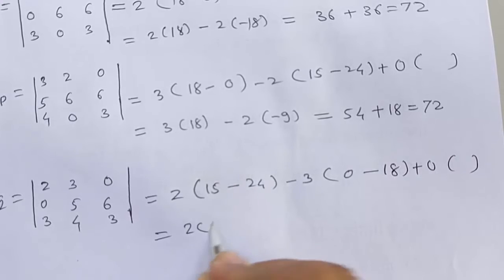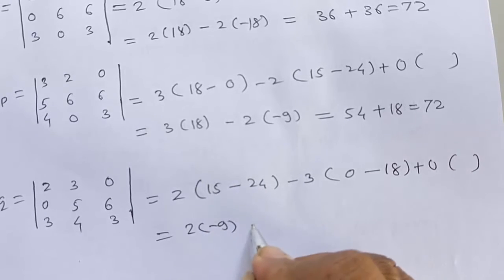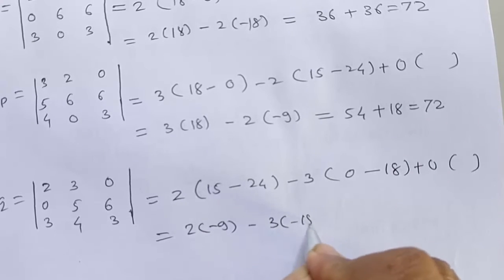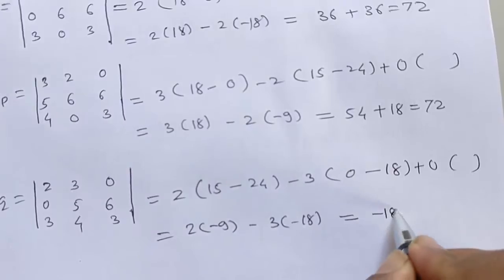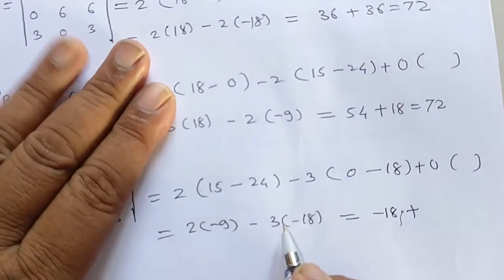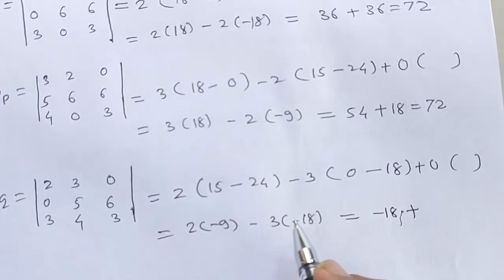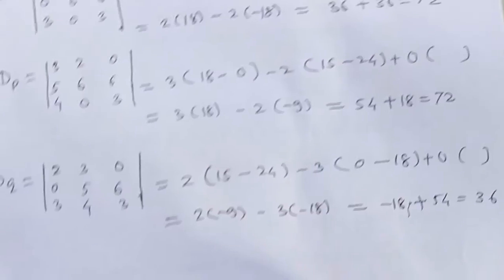So 2 into 15 minus 24, that is minus 9, minus 3 into minus 18, which is minus 18, plus 54, so it is 36.